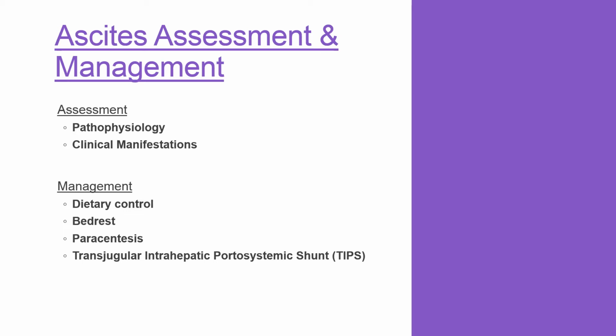So the next thing in management that the person may be ordered on is bed rest. Because when a patient with ascites is upright, it activates the renin, angiotensin, aldosterone system and the sympathetic nervous system. And all that is going to cause the glomerular filtration rate to decrease and sodium to be retained.